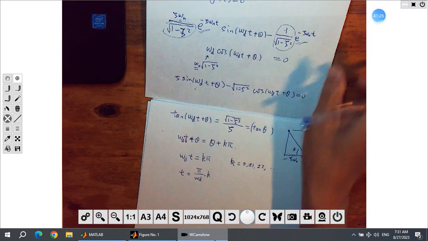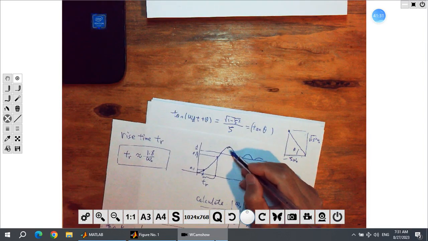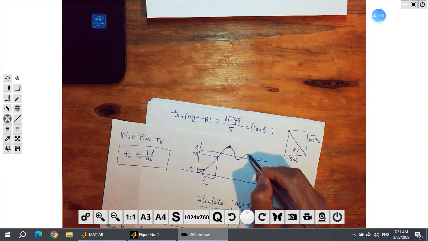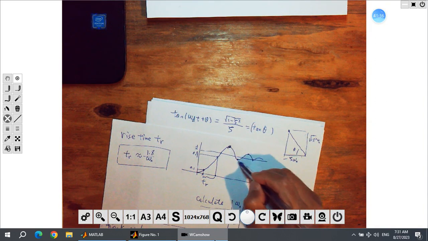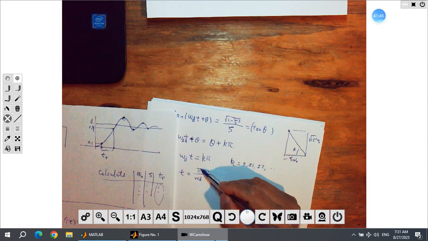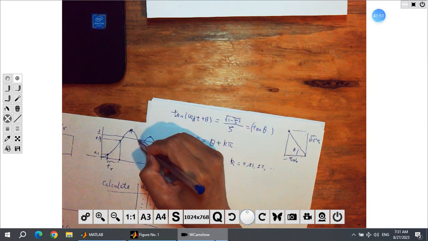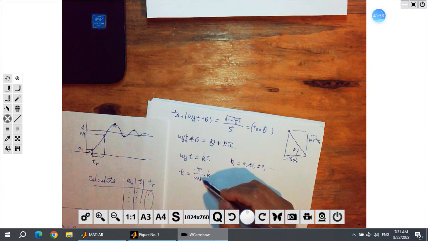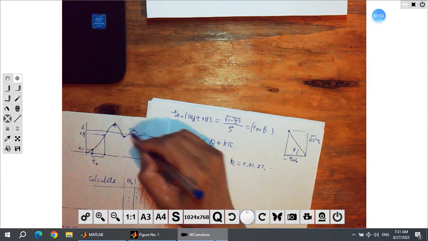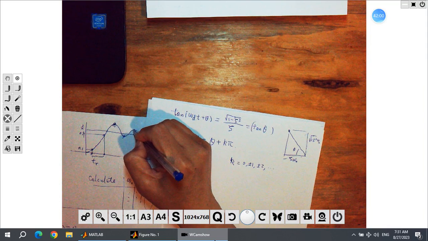So look at the graph. Here I have the graph. We have this point, this point, this point, this point. Actually, this is a sine, so this is like half of the period, half of the cycle. If it's 2 pi, then it's the whole cycle. This is pi over omega d. Pi over omega d is half of the cycle, and for every half cycle, for different k, we have a point with derivative 0.